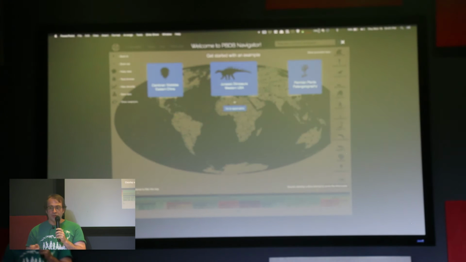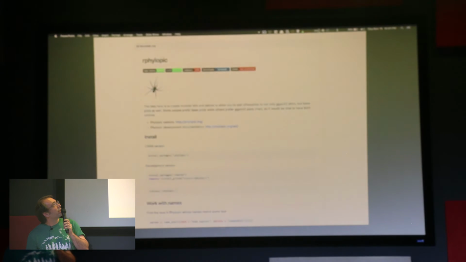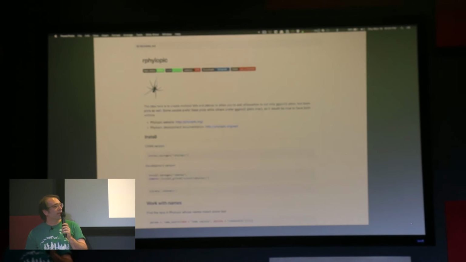The API has been used for some pretty cool projects. This is the Paleobiology Database. They're trying to basically catalog all fossil life on Earth, and they use PhyloPic silhouettes to illustrate the major groups. There's a package for the R programming language for inserting PhyloPic silhouettes into plot charts.